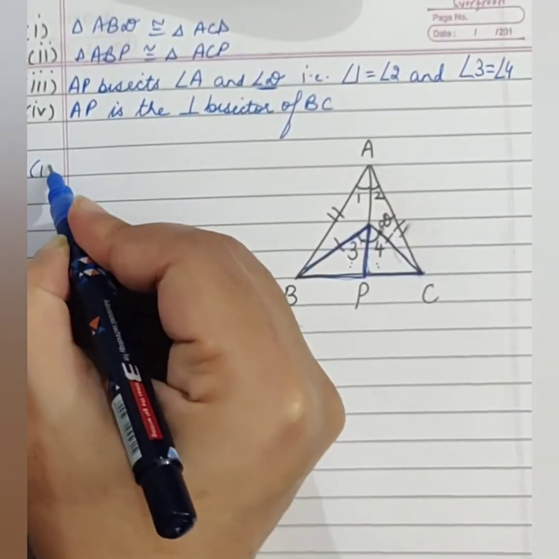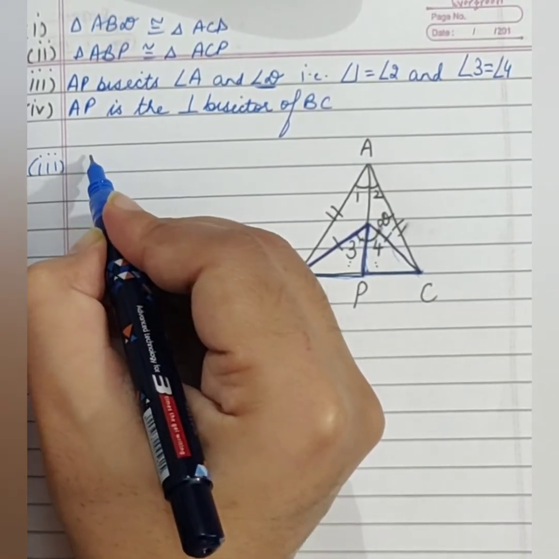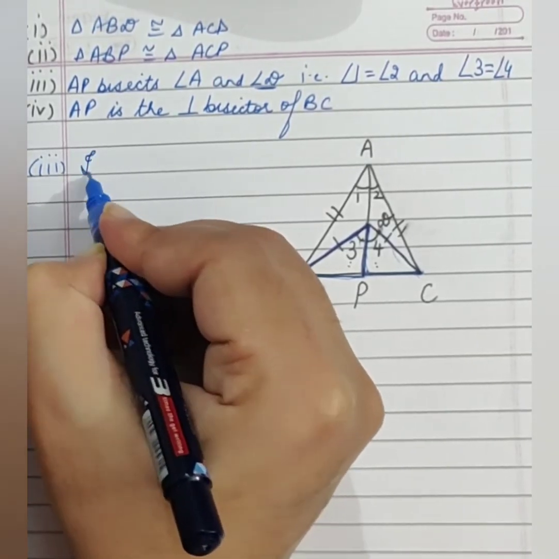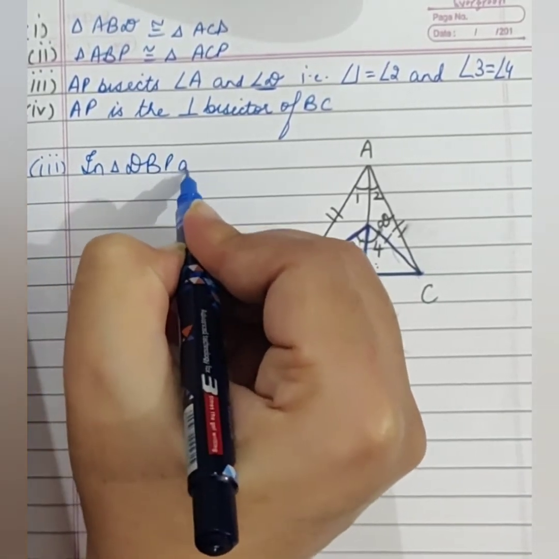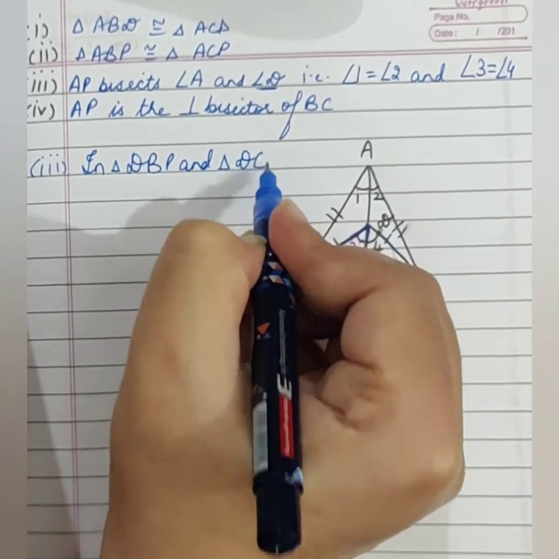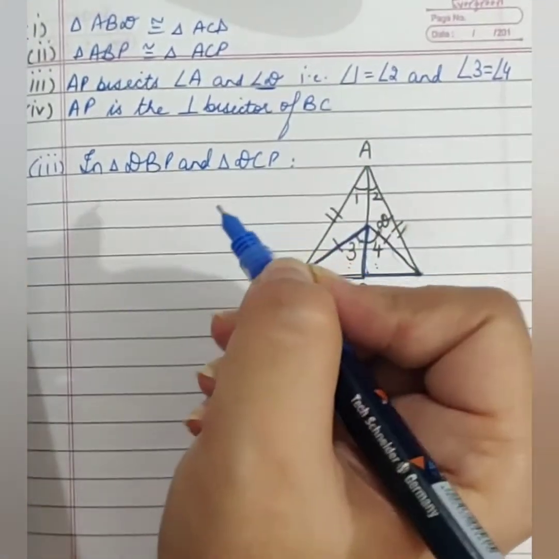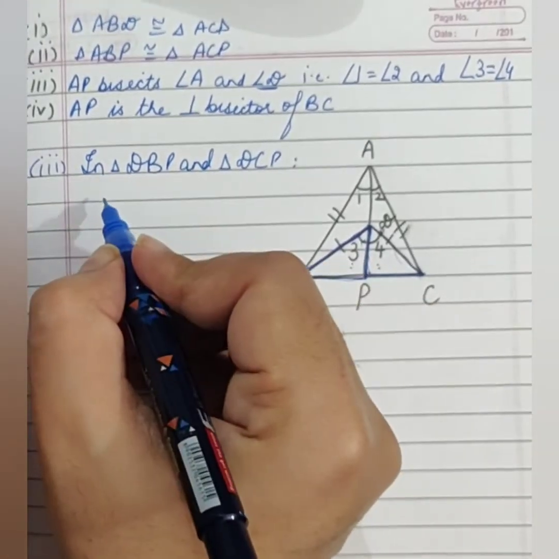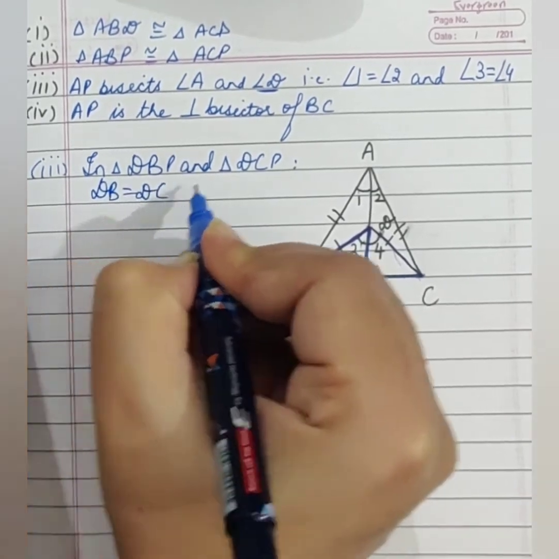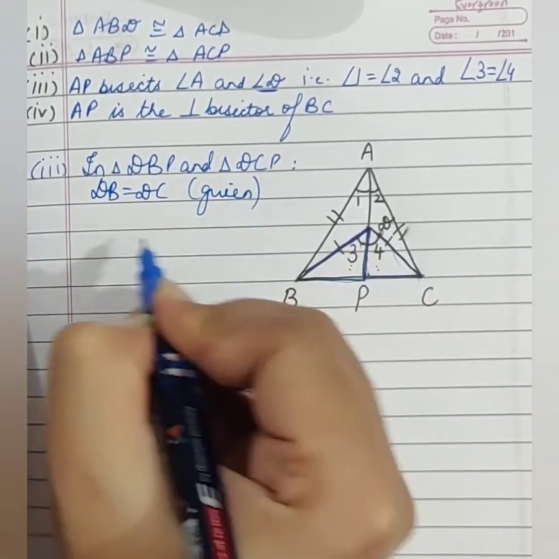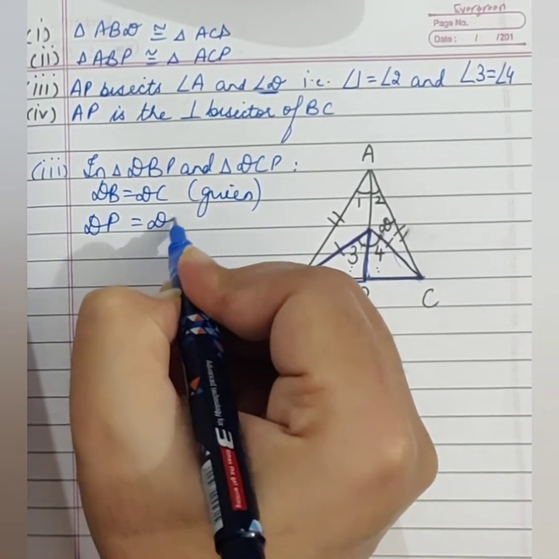Third part. In triangle DBP and triangle DCP, you can write for angle 1 and angle 2 also first. DB is equal to DC, this is given. DP is equal to DP, this is common.